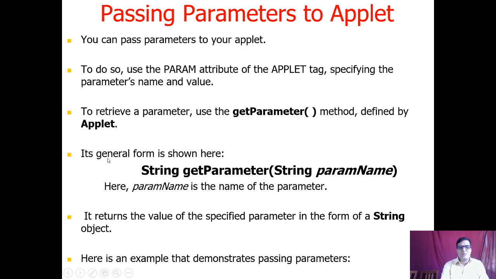The syntax is String getParameter(String paramName). It returns the value of the specified parameter in the form of a String object. Whatever value it may be, it is treated as a string, which is why it is specified as String. To understand this concept, here we have one example.